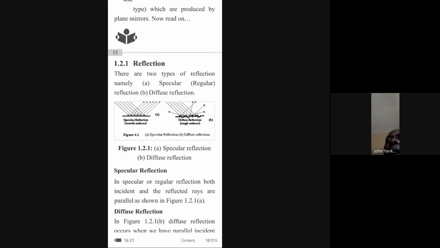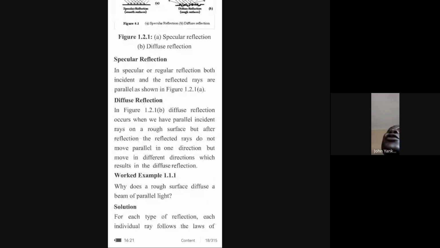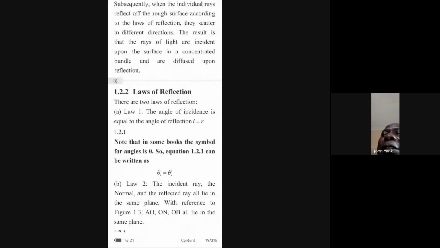Now, here are the laws of reflection. Anytime reflection occurs at a surface, the angle of incidence is always equal to the angle of reflection. So this is the first law of reflection. The angle of incidence, which is the angle between the normal and the incident ray, is exactly equal to the angle between the normal and the reflected ray.